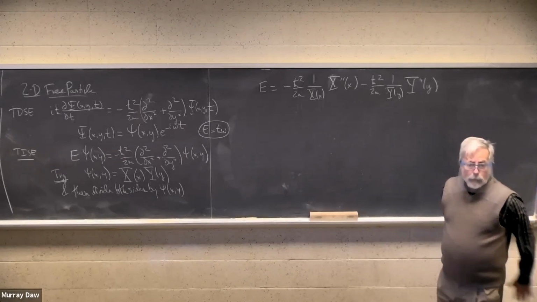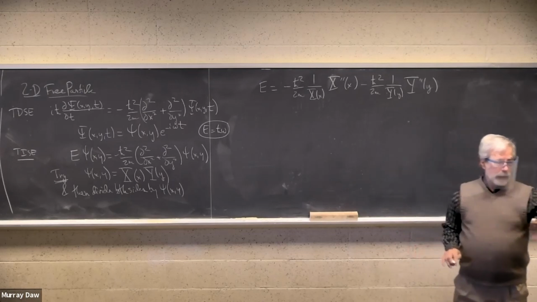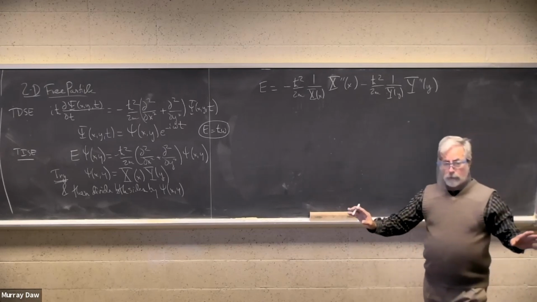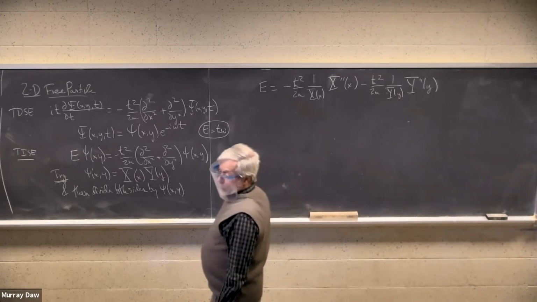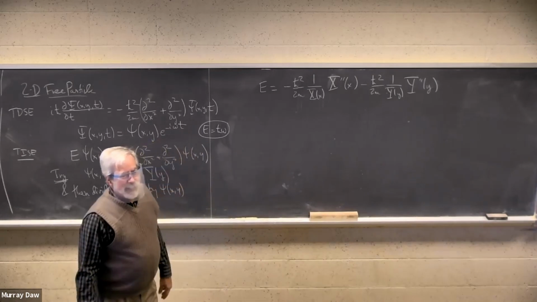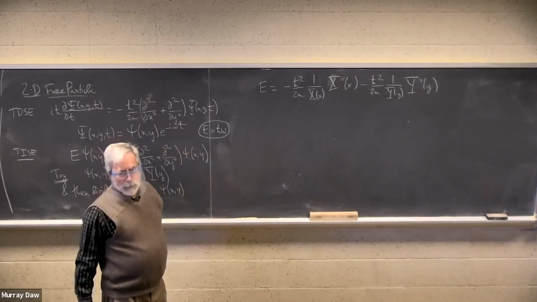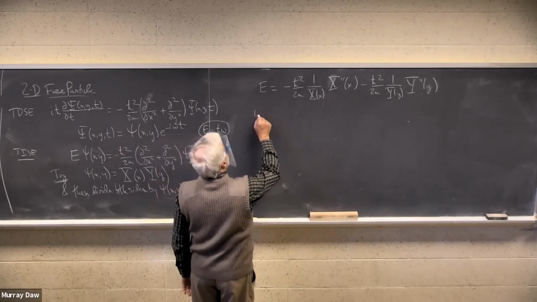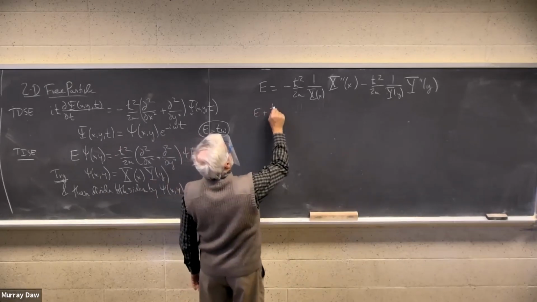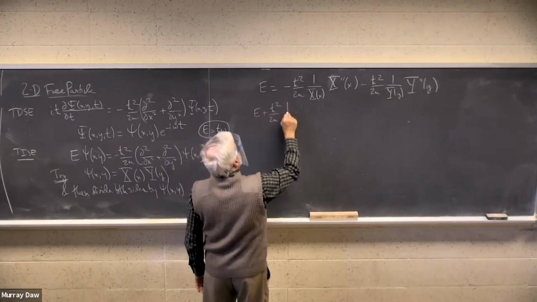Okay, so now we want to group X on one side, Y on the other side. It doesn't really matter where we put the E, so I'm going to keep the E on the left hand side.